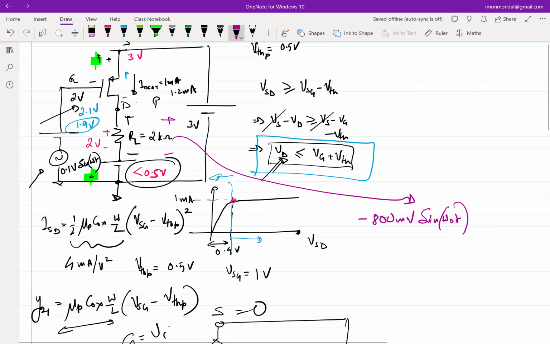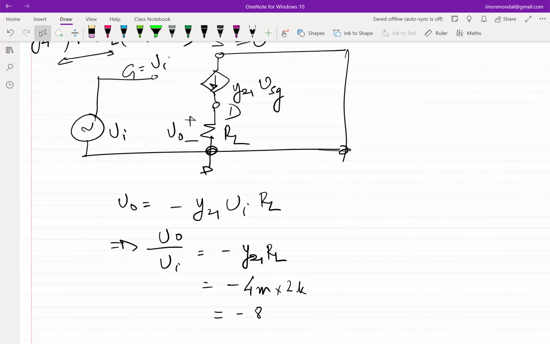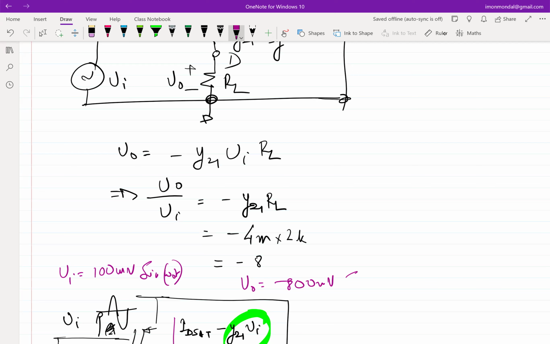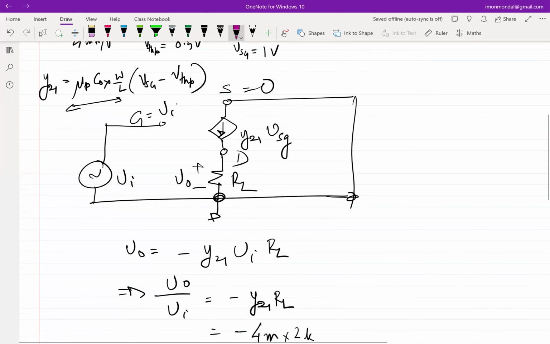No, this current flow is creating the voltage drop. So the assumption is this: if VI is 100 millivolt sine omega naught t, what is V naught? That is minus 800 millivolt sine omega naught t.